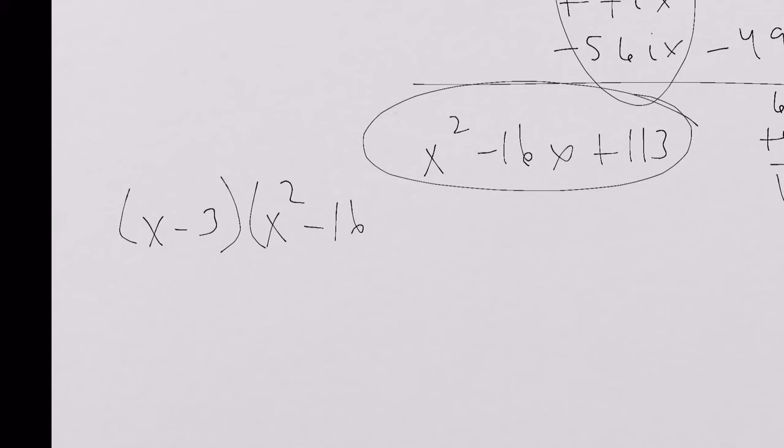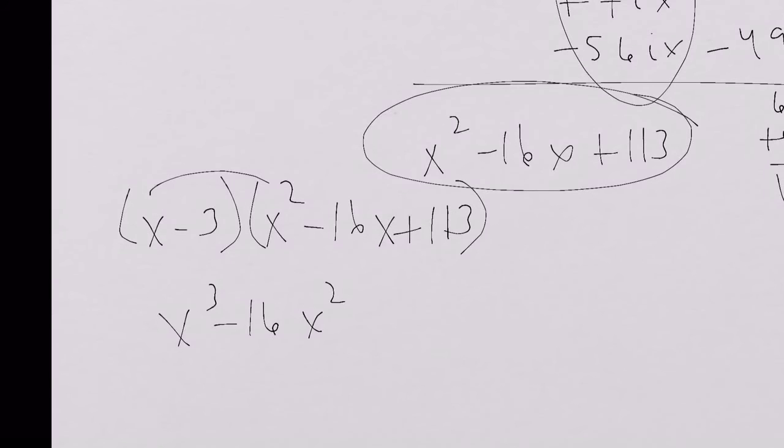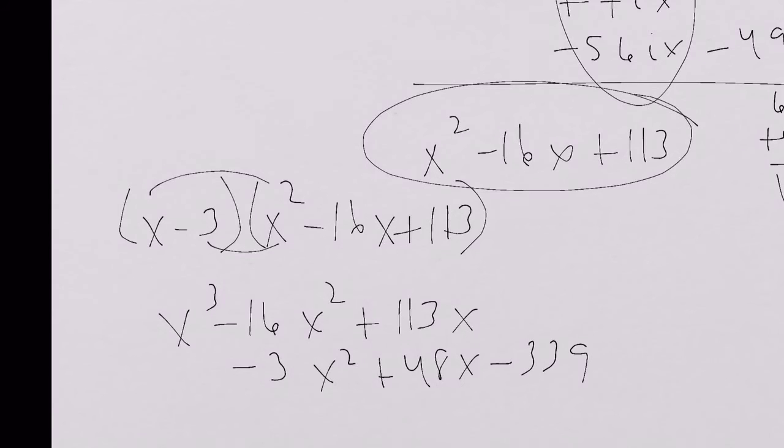And so now I have a binomial times a trinomial, and I just multiply it out. x cubed minus 16x squared plus 113x minus 3x squared plus 48x, and then minus 339. So when I combine things, I get x cubed minus 19x squared plus 161x minus 339.